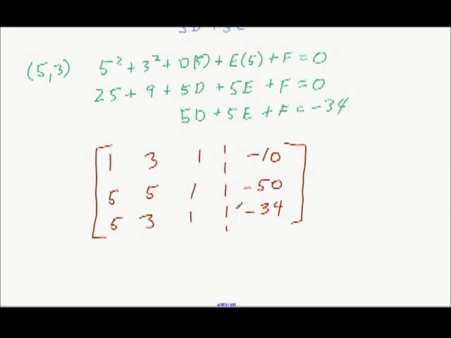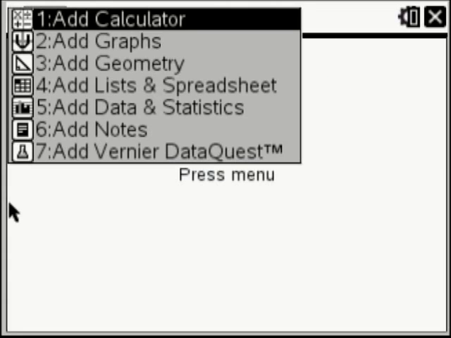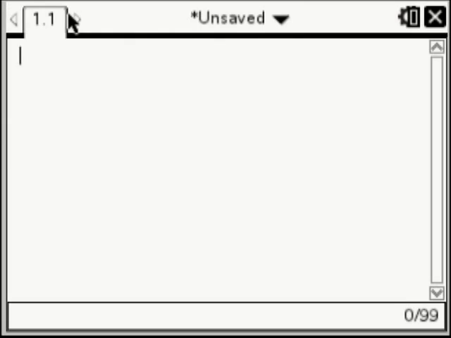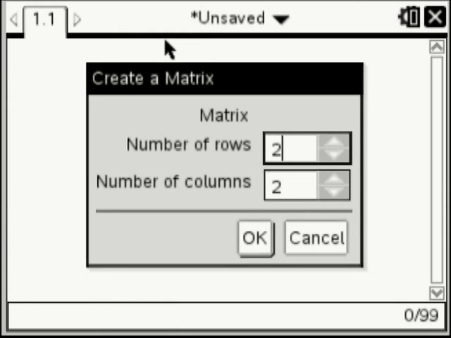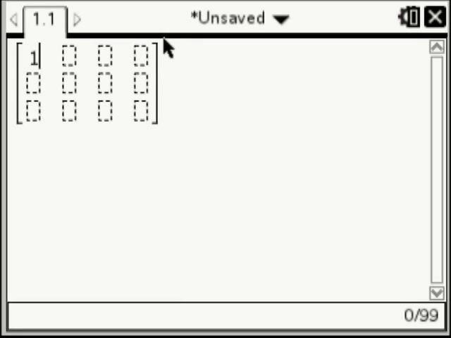All review. I'm going to take out my calculator. Now I'm going to do this step by step, even if you don't have a calculator at home. But you know how to do this part. I'm going to go to matrix and create a matrix. This thing's going to have 3 rows and 4 columns.